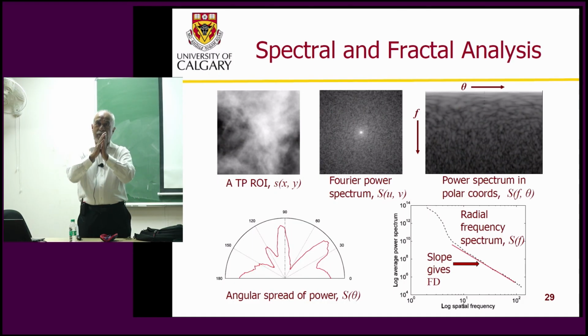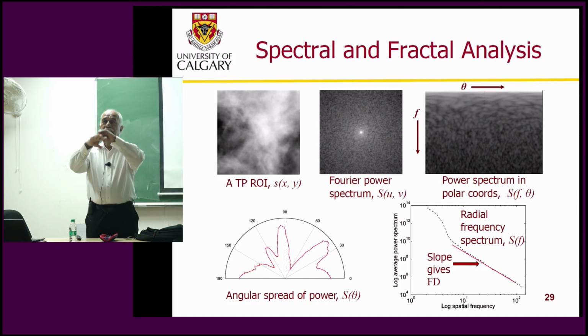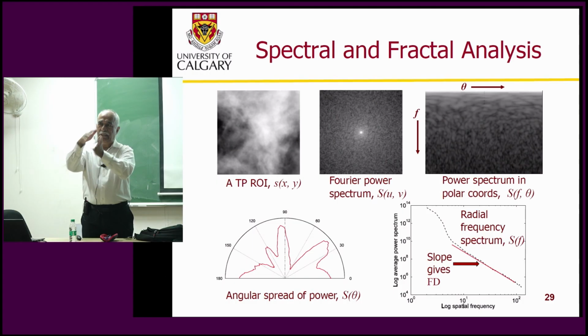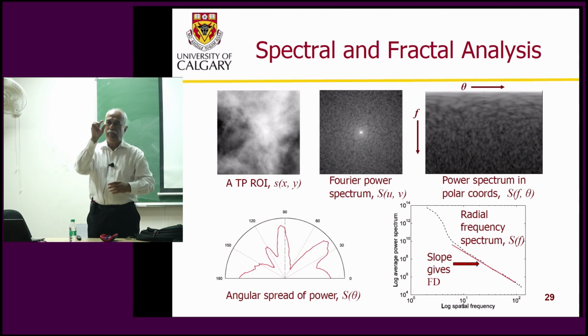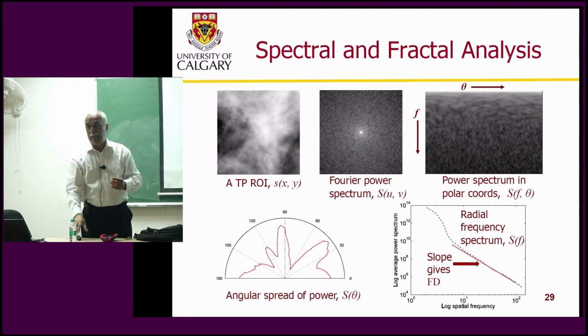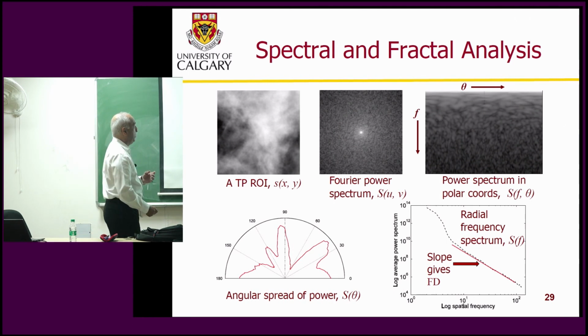If there are spicules at all angles, then that will also be spread over multiple angles. But if it is simply a normally oriented texture pattern of the breast with all the fibers going in one direction, then the angular distribution will be narrow. So entropy and spread measures can distinguish between those.